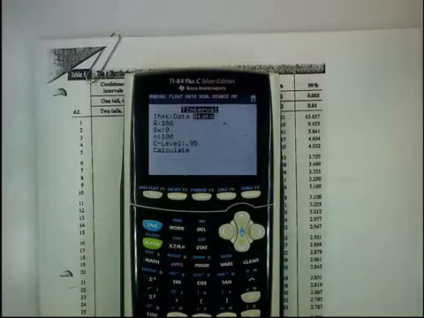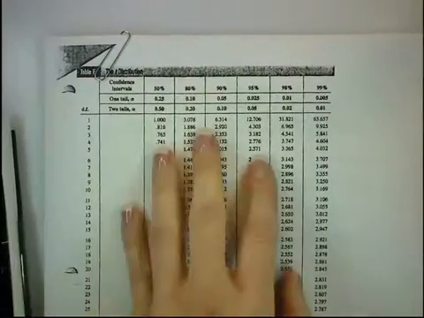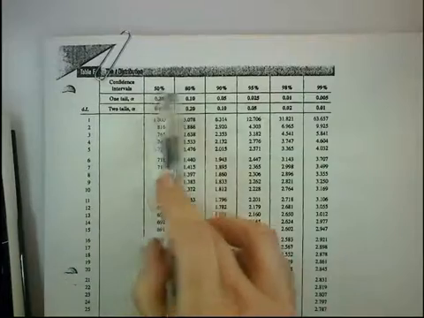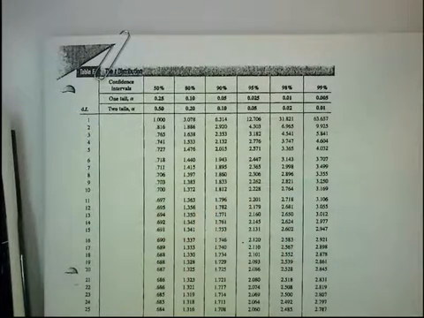But because the T-table is restricted to certain degrees of confidence, I cannot ask you for a 92% T interval for the mean. I can ask you for a 92% Z interval for the mean, but not a 92% T interval, in all fairness, because of the table. And I use the table to create the test. So these are the only possibilities above.